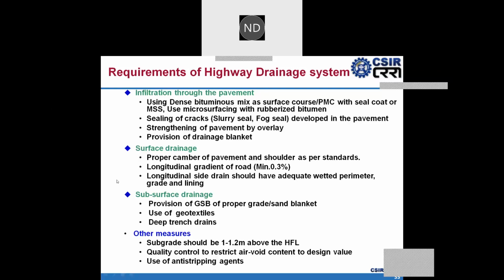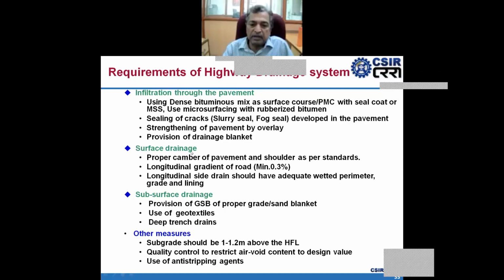So surface drainage, we have to provide proper camber of the pavement and shoulders as per standard specifications. Longitudinal gradients should be provided, minimum about 0.3%. Longitudinal side drains should have adequate wetted perimeter, grade, and lining. Similarly, for subsurface drainage, we have to provide GSB of proper grading or sand blanket.